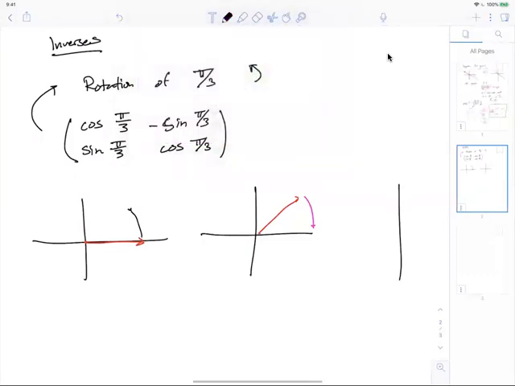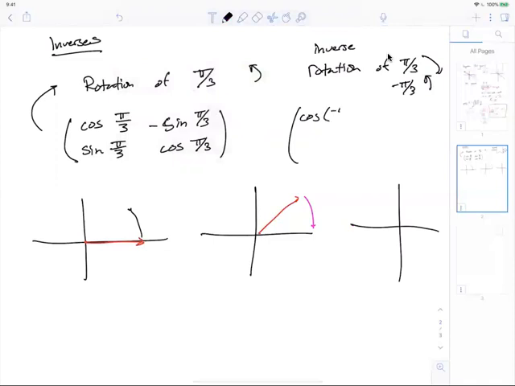Well, intuitively, if you rotate plus pi over 3, the inverse is going to be a rotation of pi over 3 in the opposite direction, or since we should generally measure angles counterclockwise from the x-axis, it's an angle of minus pi over 3. So we just end up with a different matrix. And this matrix is called the inverse because it undoes the first one. It corresponds to a transformation that undoes the first one. And this is just the rotation to get you back to where you started.